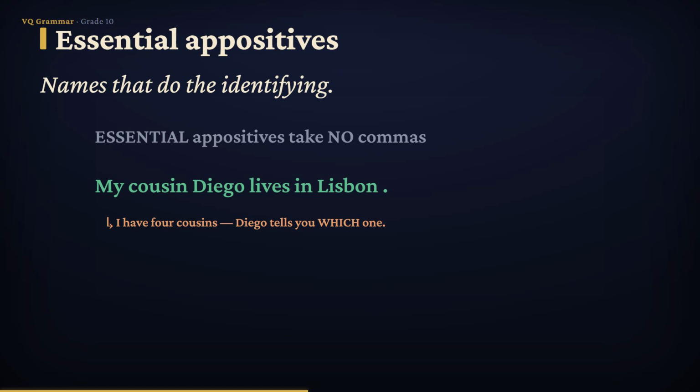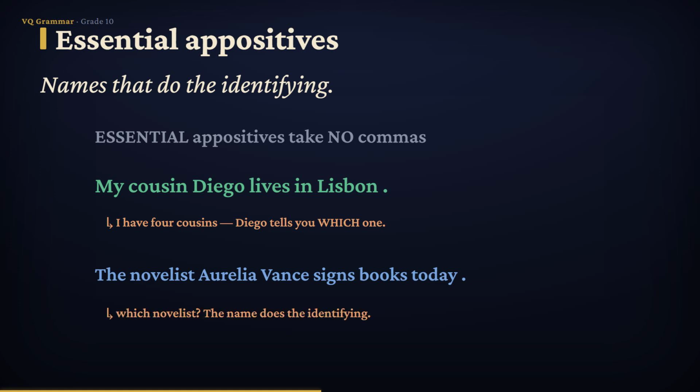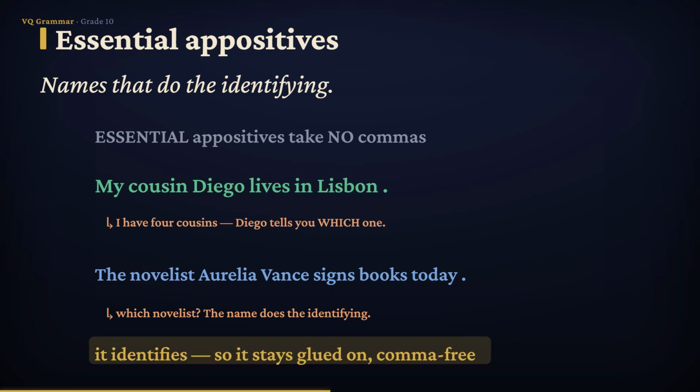It identifies, and so it takes no commas. Here's another. The novelist Aurelia Vance signs books today. Ask yourself, which novelist? Without the name, the sentence is just a shrug. The name is carrying the identification, so it stays glued to the noun, comma-free.